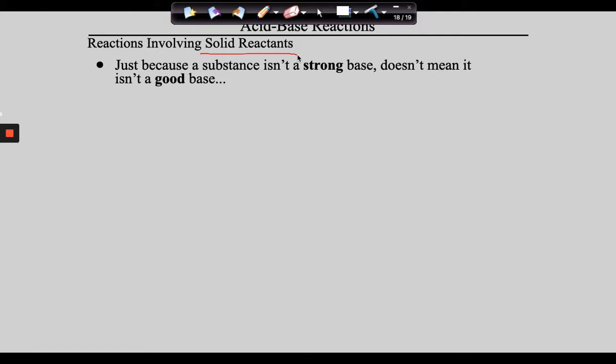So it's at this point that we need to remind ourselves what strong means. All it means is completely ionizes in water. Let me give you an example. Aluminum hydroxide.